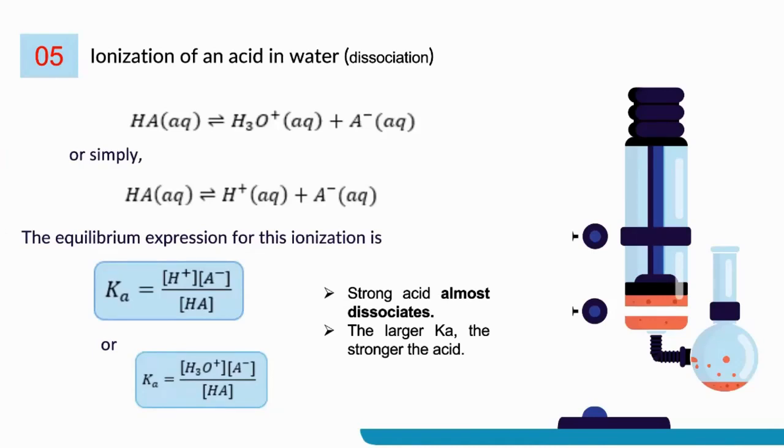At a given temperature, the strength of the monoprotic acid is measured quantitatively by the magnitude of the acid ionization constant. The larger the Ka, the stronger the acid, that is, the greater the concentration of hydronium ions at equilibrium due to its ionization. We need to keep in mind that only weak acids have Ka values associated with them.